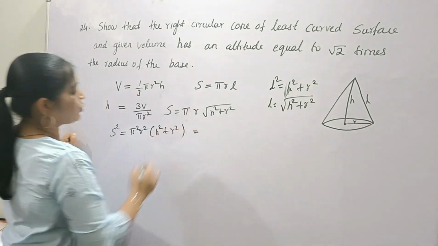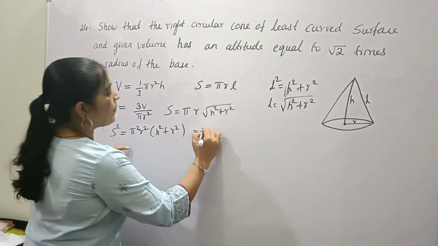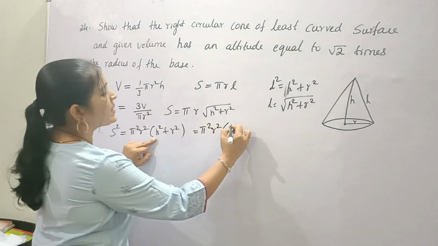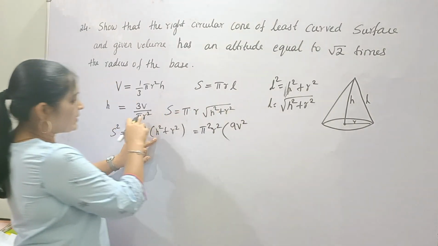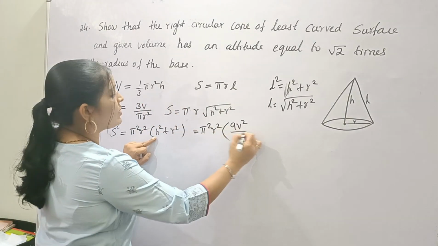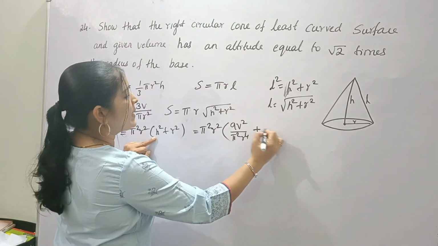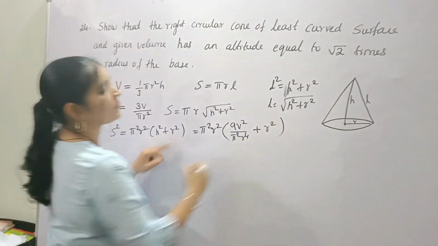Now let's substitute before differentiating. So pi square r square into h square is 9v square. H is this one, so h square is 9v square divided by pi square r raised to 4, plus r square.